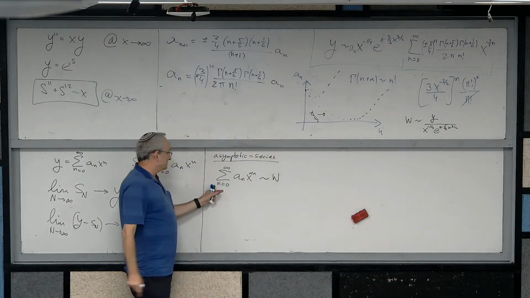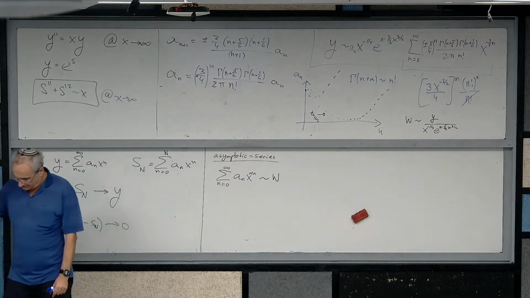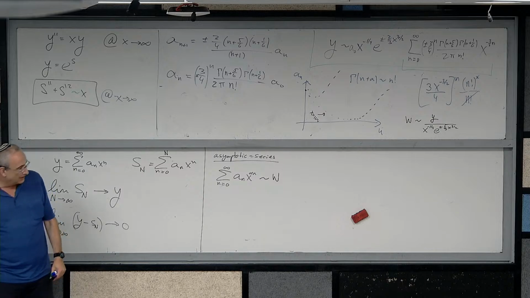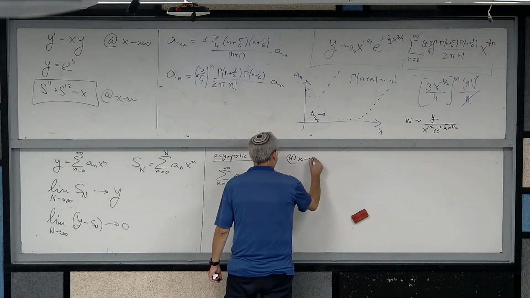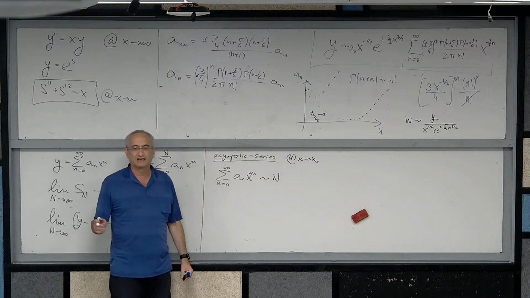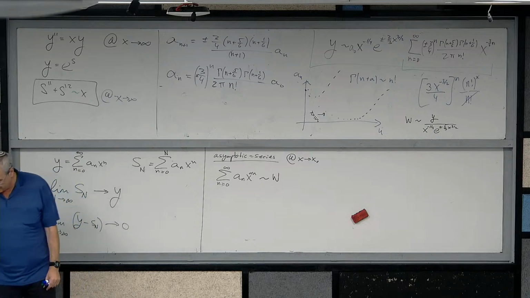This is asymptotic to w if the following relation holds. First of all, everything is at x goes to x naught. In our case, x goes to infinity. I am not going to write it at every line. You have to please edit yourself.